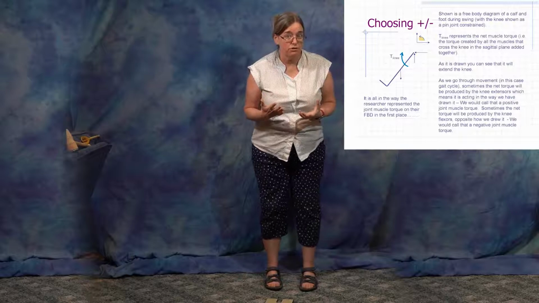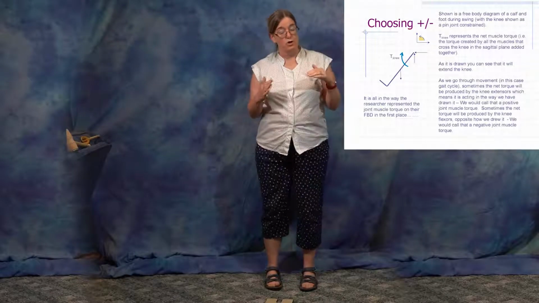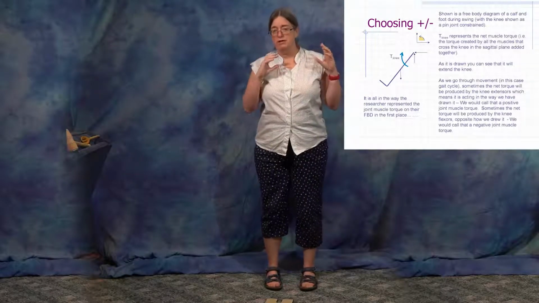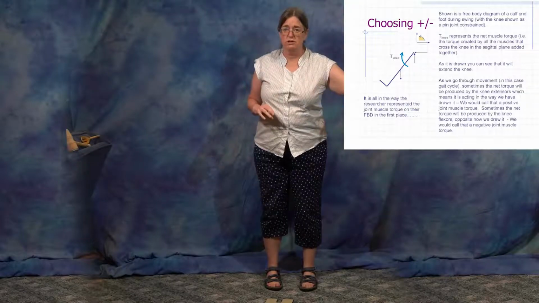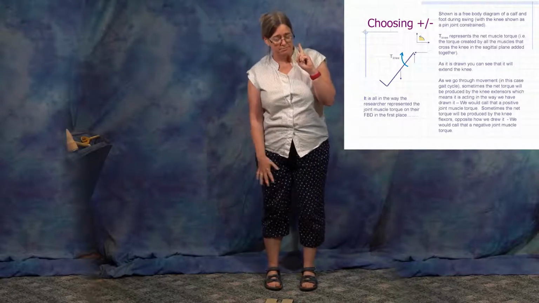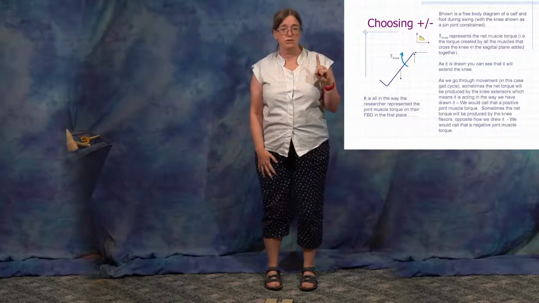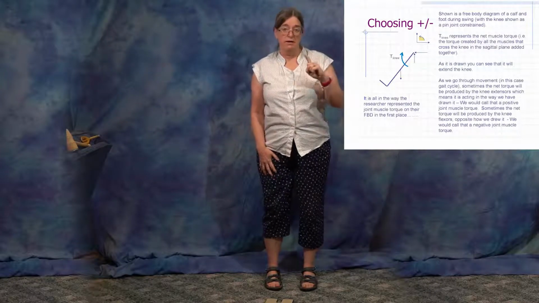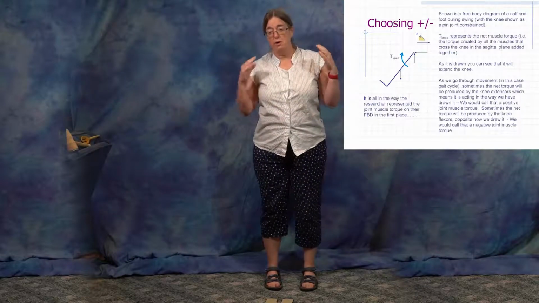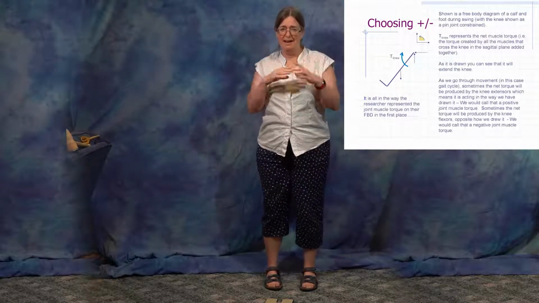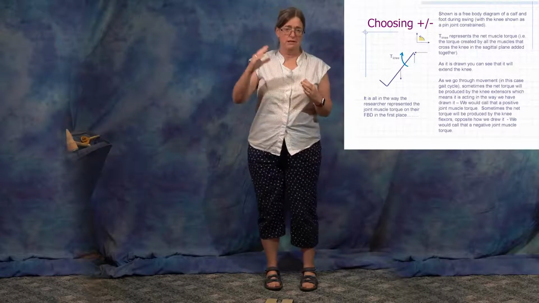That's what the extensors do, isn't it? So if my torque is going in the direction that I've drawn it, that means the extensors are the muscle group, and that would be positive. However I drew my arrow is what I'm considering positive.